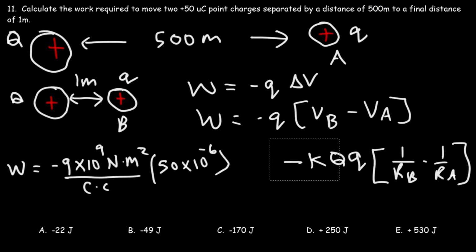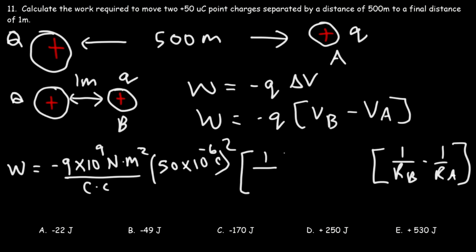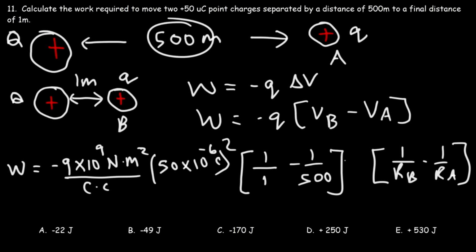And then the other q is the same thing, so we can square that number. Now let's put the unit coulombs. And then it's going to be times 1 over RB, where RB is 1 meter, and 1 over RA, where RA is 500 meters.